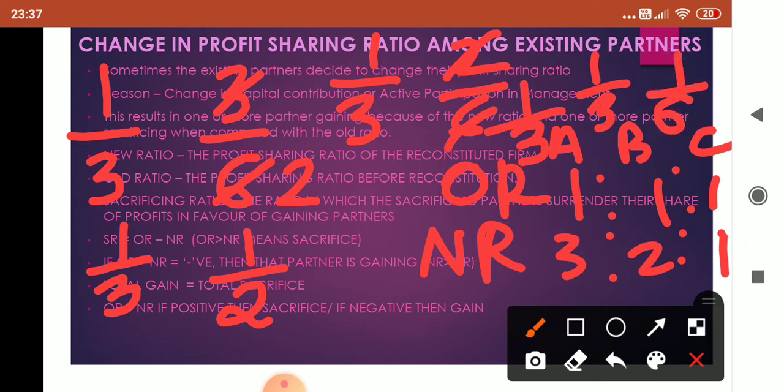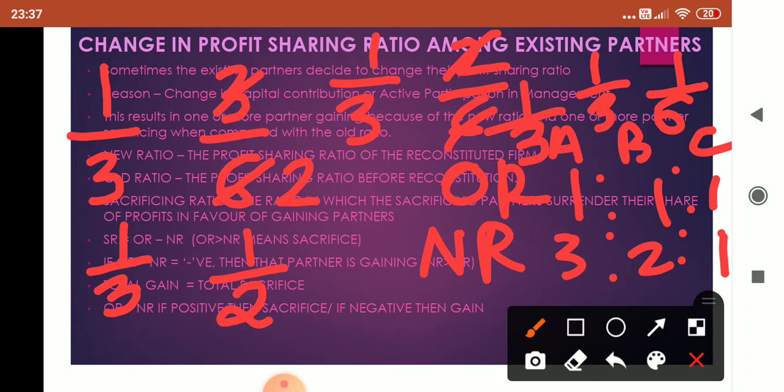Now in a fraction, when the denominator increases, the amount actually decreases. So 1/3 is more and 1/6 is less. So you can make out that in this change in profit sharing ratio, A is gaining and C is sacrificing and B has no change at all.